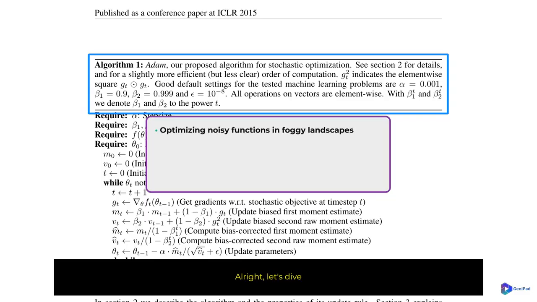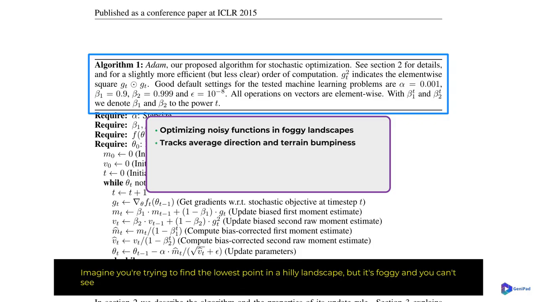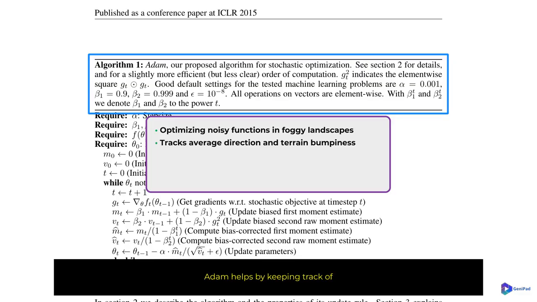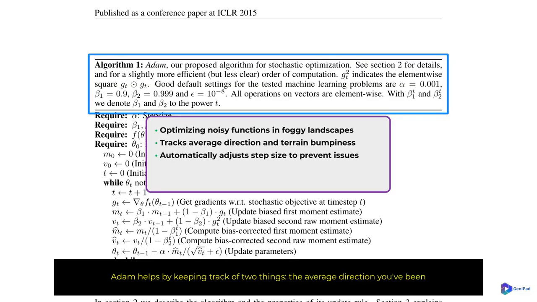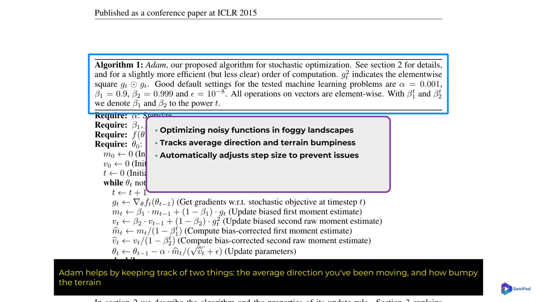All right, let's dive into the ATOM algorithm. Imagine you're trying to find the lowest point in a hilly landscape, but it's foggy and you can't see clearly. That's like optimizing a noisy function. ATOM helps by keeping track of two things: the average direction you've been moving and how bumpy the terrain is.